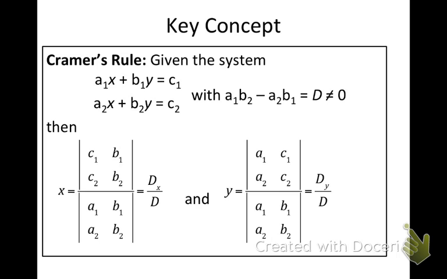We use the notation d sub x to stand for the determinant for the x. Then you're going to divide it by the determinant of your coefficient matrix. Remember, this comes from your coefficient matrix. That stays the same for both your x and your y. So you always will divide by your coefficient matrix determinant.